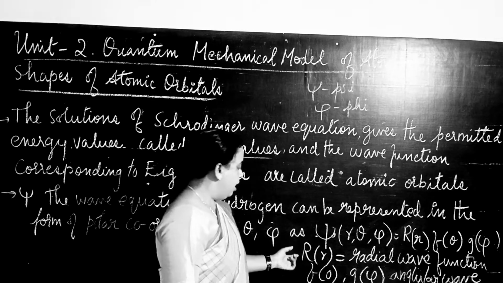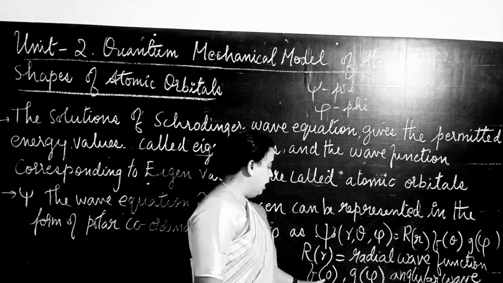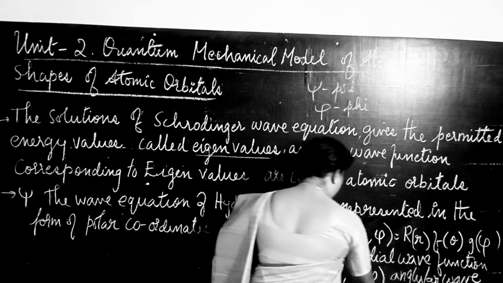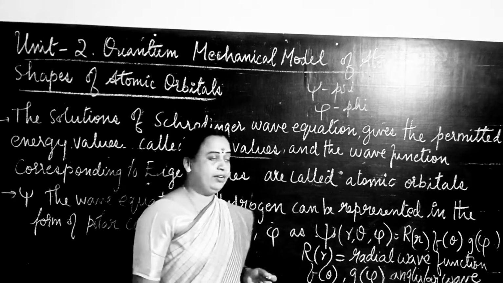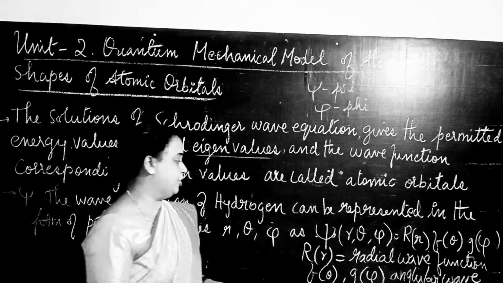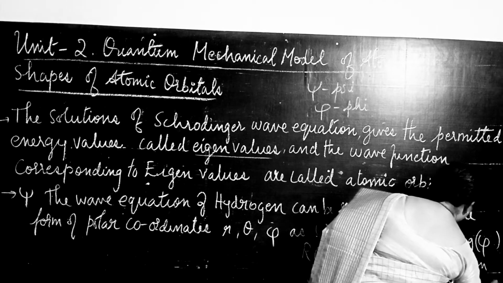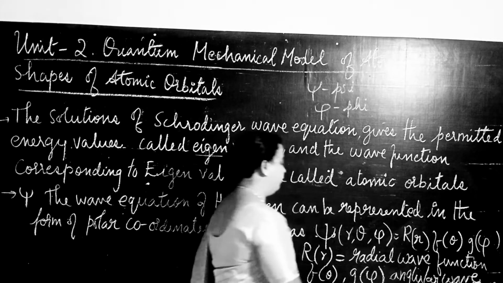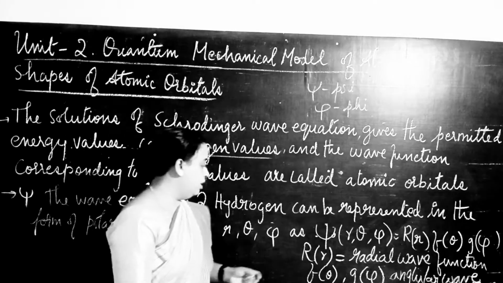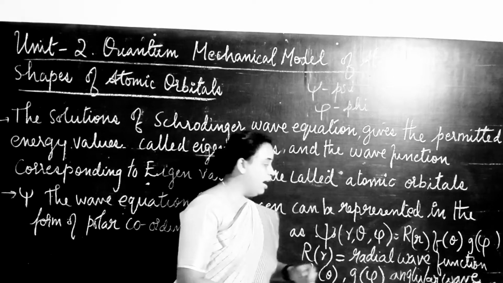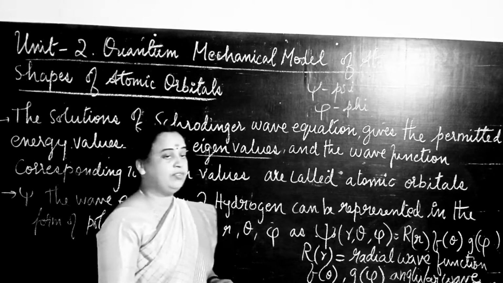In this, R of r is the radial wave function, and f of theta and g of phi are the angular wave functions. R of r is the radial wave function, f of theta is an angular wave function, and g of phi is also an angular wave function.